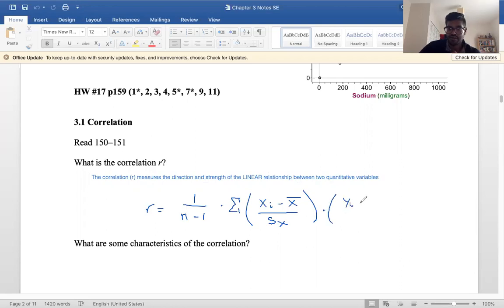So you standardize each one of the values, sum them all up, divide by m minus 1. Okay, so that's the equation.